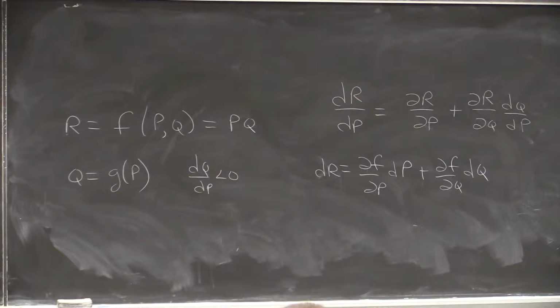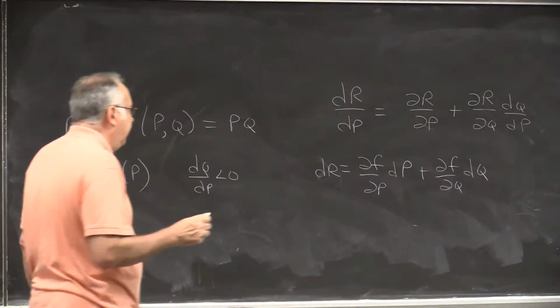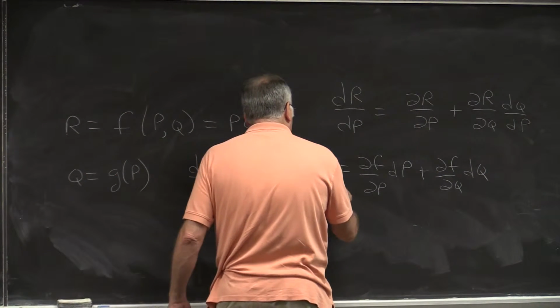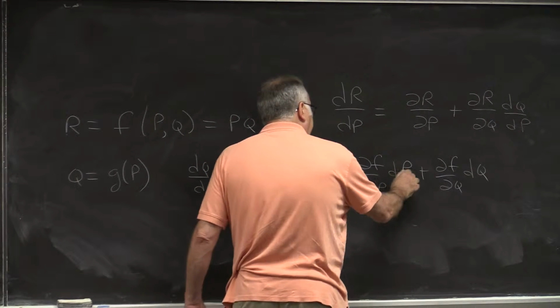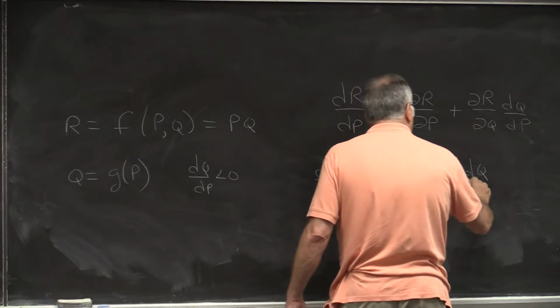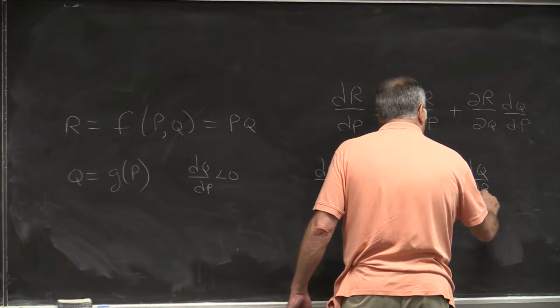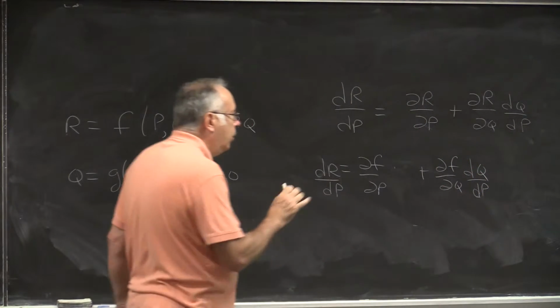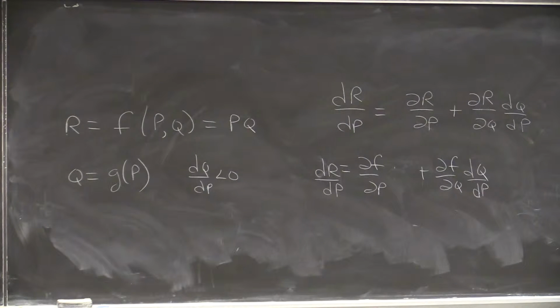The ultimate source of disturbance here is price. So we want dR/dP, so just divide both sides of this by dP. dP over dP is just 1, so that vanishes. That'll help you remember the formula. Now, in this context, I use F rather than R. But F is equal to R, so the notation is fine.